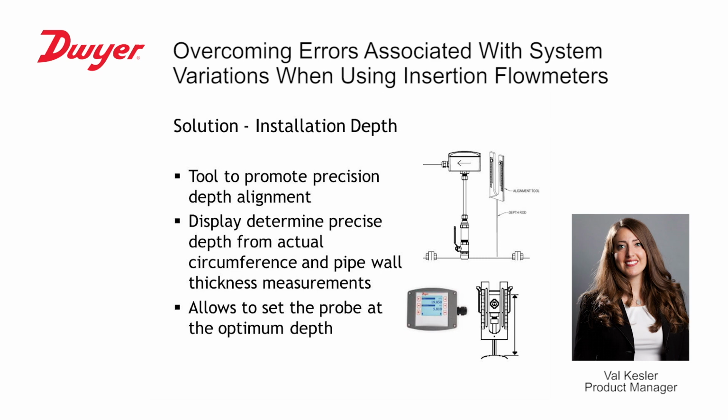And going back to being able to input that information in the display, it is not only able to determine what your correct inner pipe diameter is to give you the correct flow rate, but it can also provide you the actual precise insertion depth based on the circumference and pipe wall, to ensure that you're getting the correct accuracy on your insertion as well. So this ultimately allows the probe to be set at the optimum length very easily with the use of the tool that I have displayed here, as well as the display where you would put in that information.